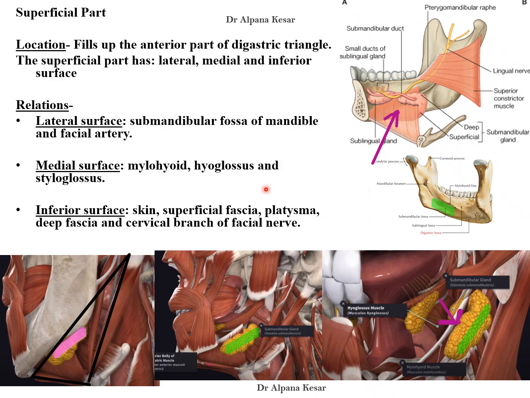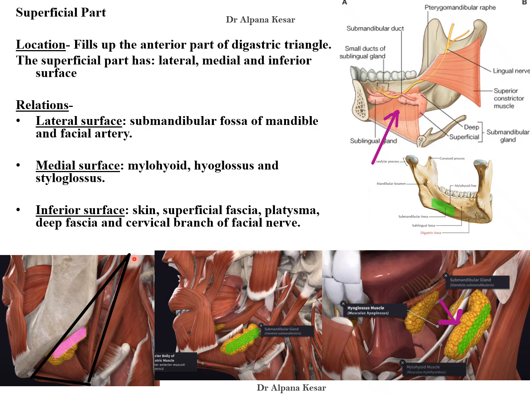The medial surface of the submandibular salivary gland, which is this surface, is related to the mylohyoid muscle. Along with it, it is also related to the hyoglossus and styloglossus muscles.